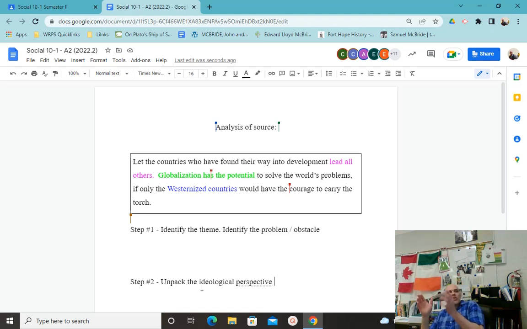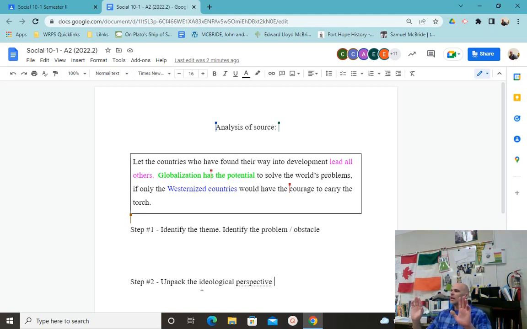So although the source does provide globalization as a solution, it's not a definite solution. The inclusion of the term has the potential announces that globalization may not address these issues. And it may not because of the obstacle. The obstacle is getting in our way, and the obstacle is lack of courage.